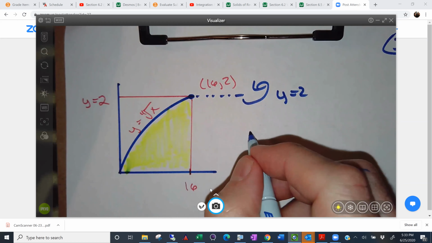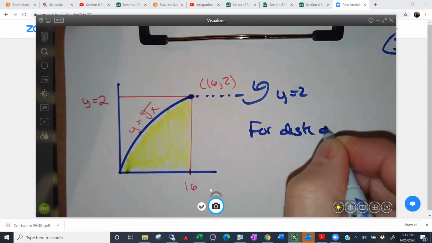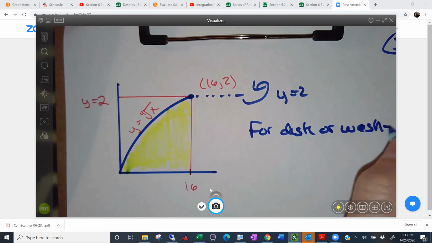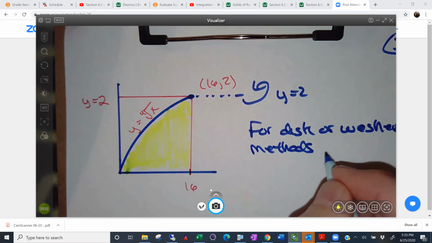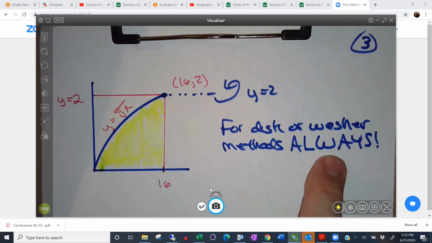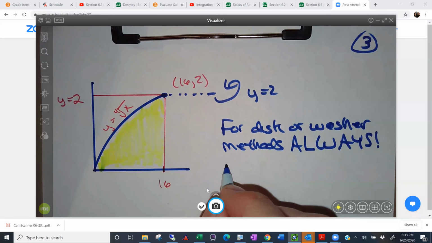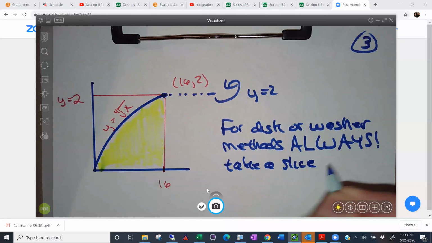But for disk or washer methods, always, and do your best to scream that into your notes, always take your slice perpendicular to the axis of rotation. Are you guys familiar with the notation for perpendicular?